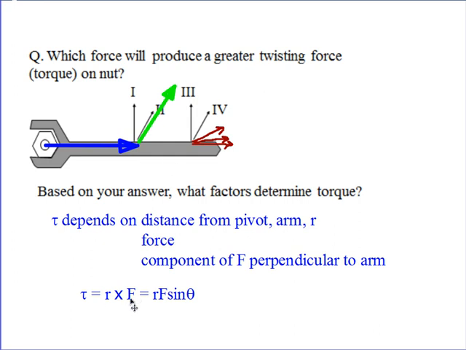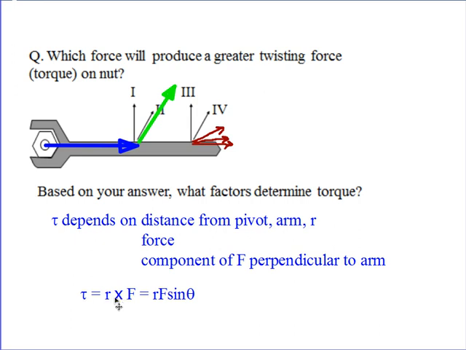You are multiplying 2 vectors together, from which it is possible to get either a scalar or a vector. But torque is clearly a vector. You can torque it around that way, or you can torque it the other way. We'll get into the details of the direction of torque another time, but clearly torque has direction. You can loosen the mayonnaise lid or tighten it.